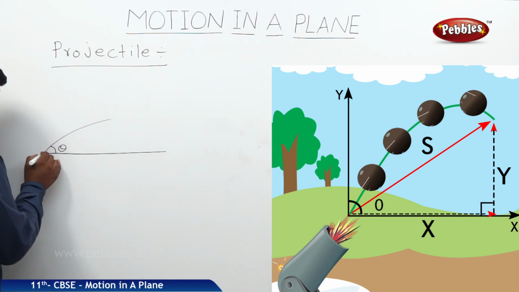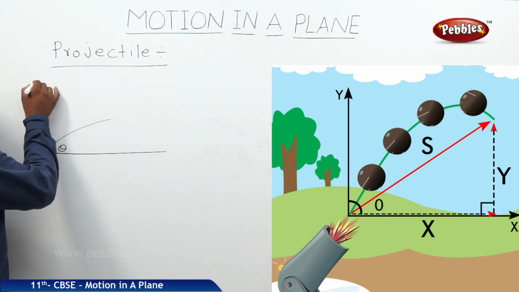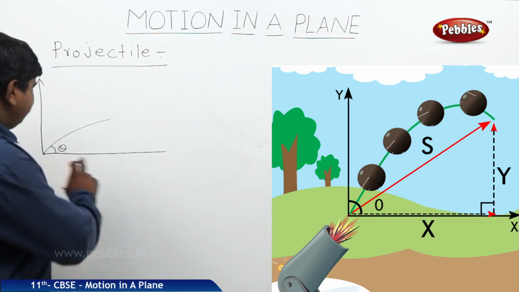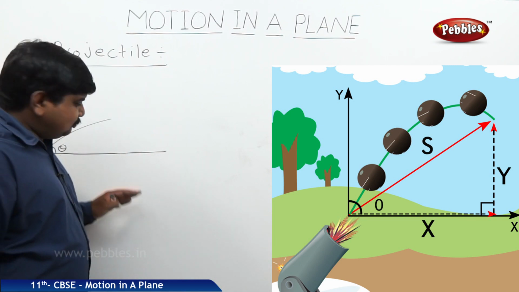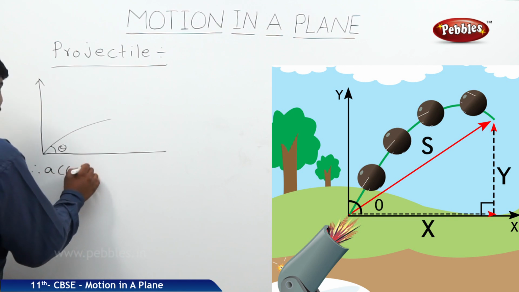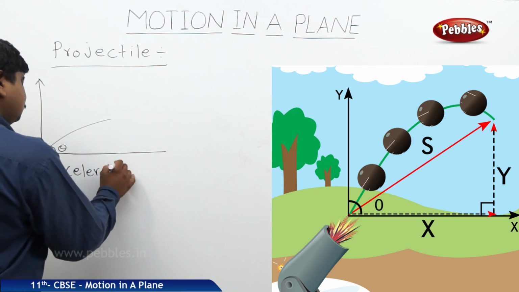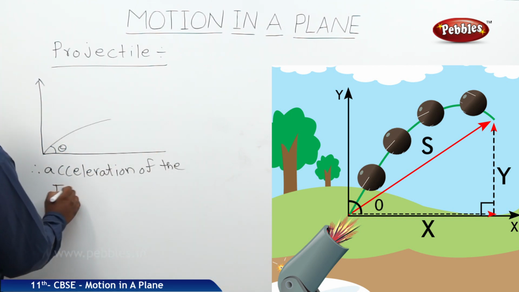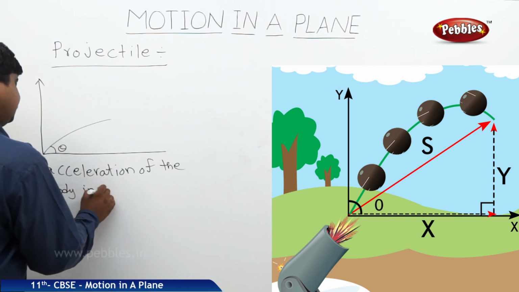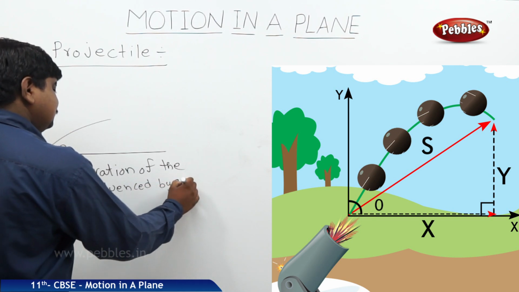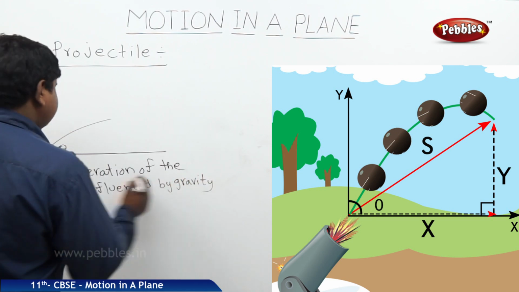One is the acceleration of the body, which is influenced by gravity. This is one of the physical quantities this body possesses.